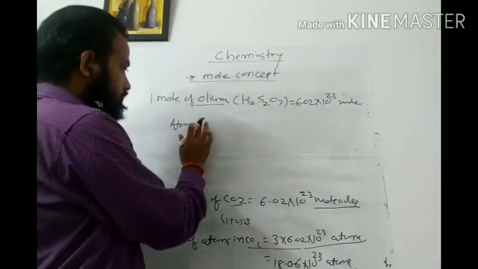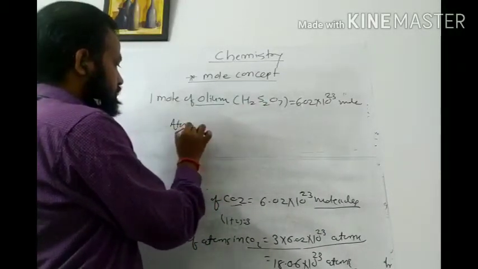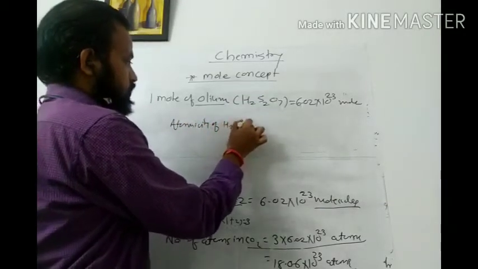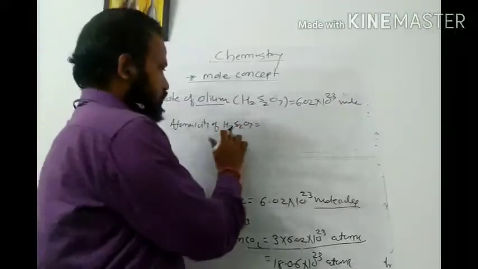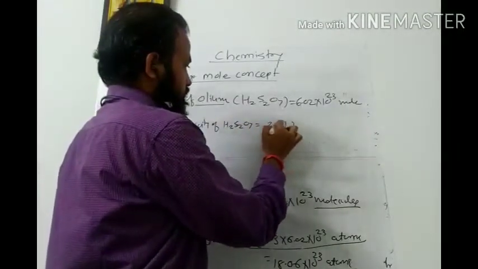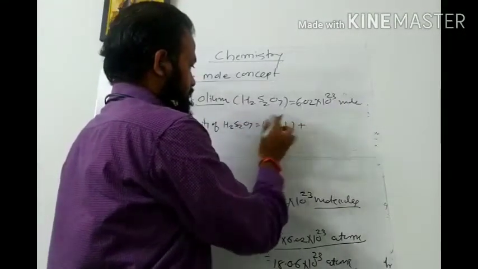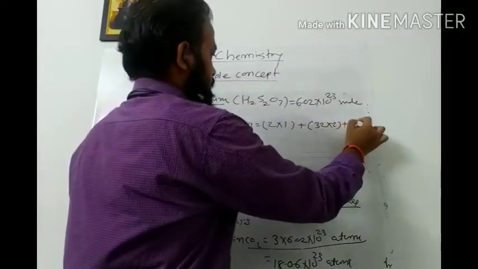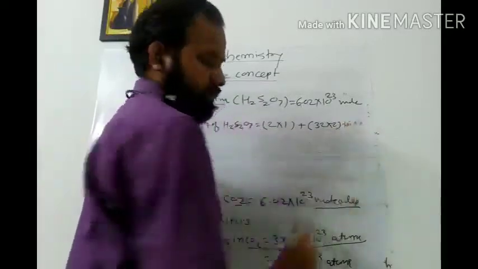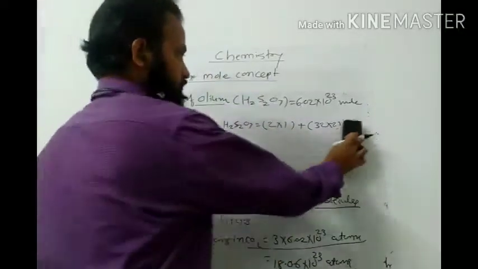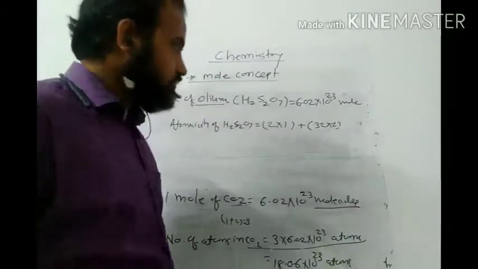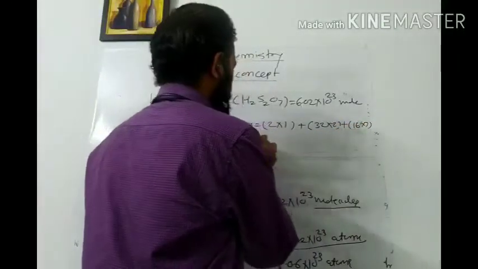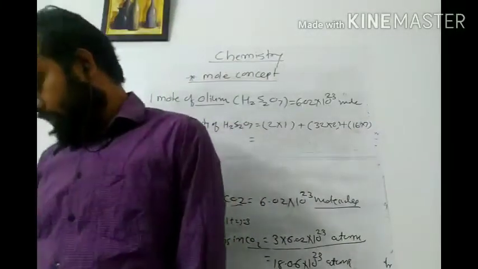So the atomicity of H2S2O7, which is equal to 2 atoms, so 2 into 1, isn't it, plus S2 means what? 32 into 2 plus 16 into 7. So here we are calculating atomicity means what?